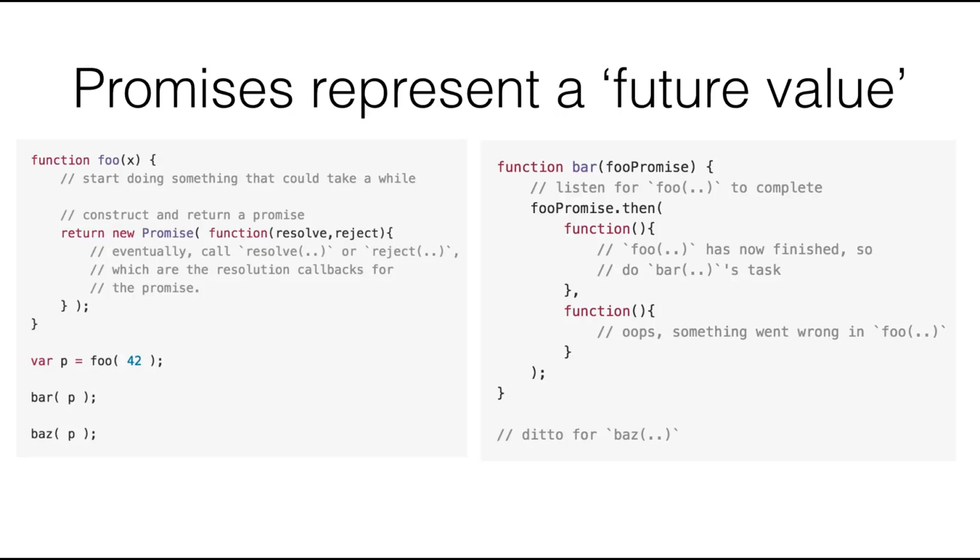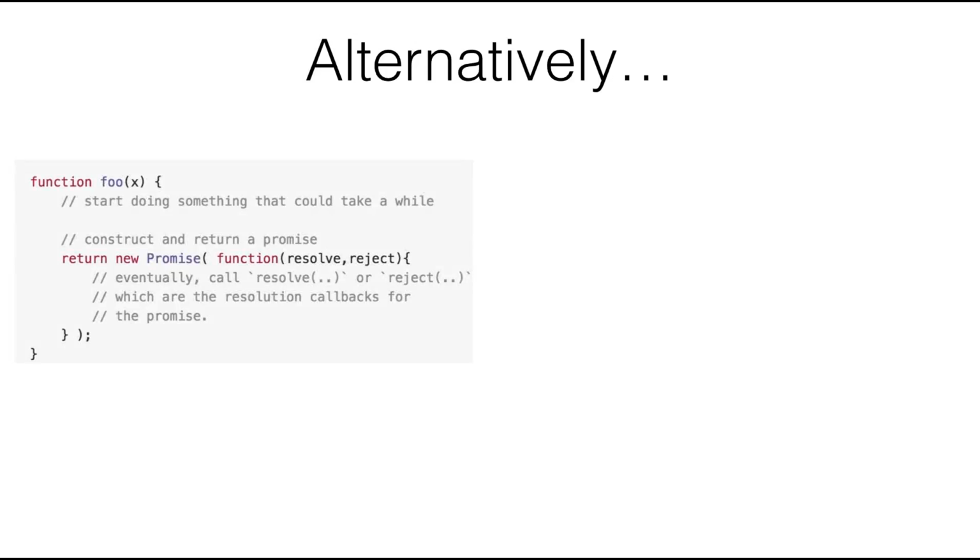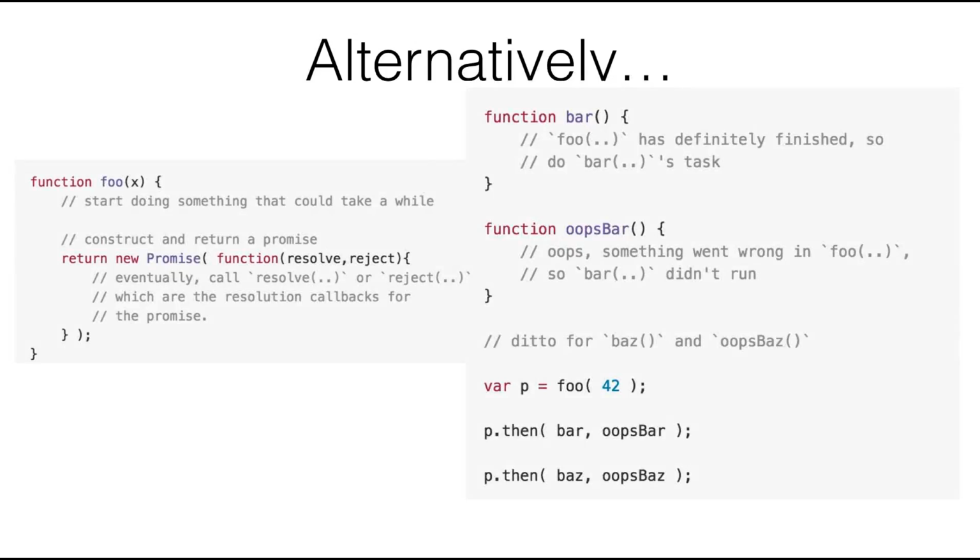I think that's one pattern to use it. Alternatively, what's probably more popular, the way most of us use it, is taking the promise and then directly calling .then with the two function callbacks. The first part is exactly the same. What we've changed here is just the way the promises are used by the calling function.